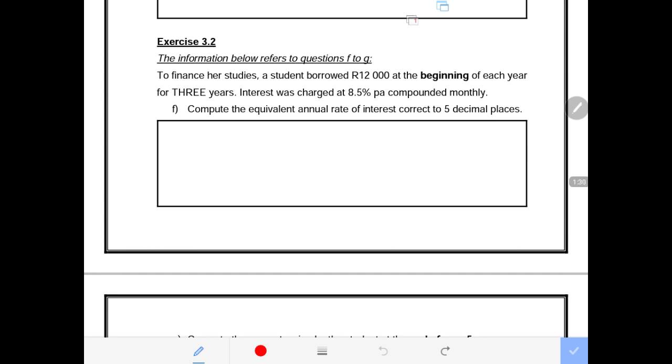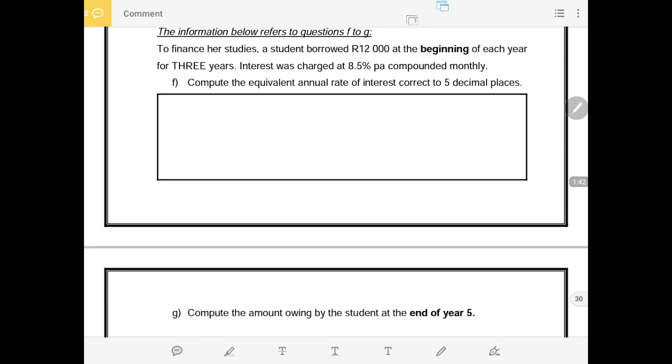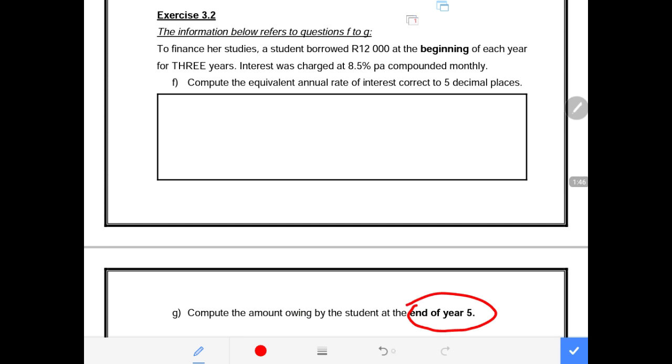We are required first to compute the equivalent annual rate of interest, corrected to 5 decimal places. The second requirement is to compute the amount that the student owes at the end of year 5.